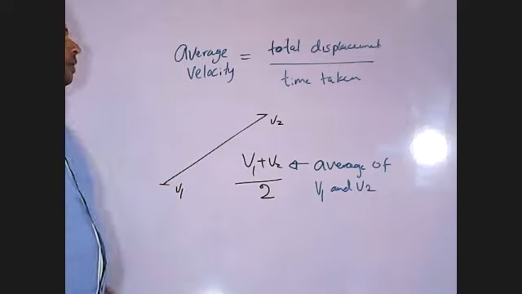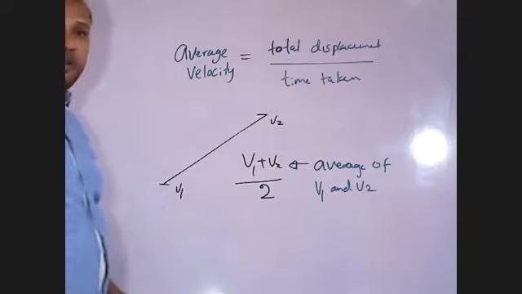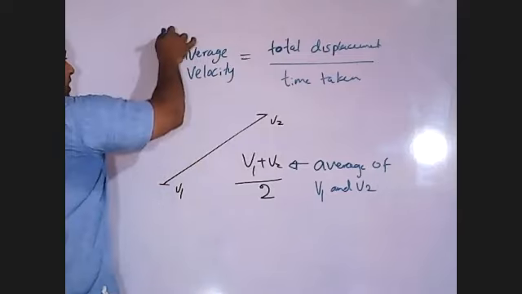Okay. Write down this one. Average velocity is equal to total displacement over time taken.